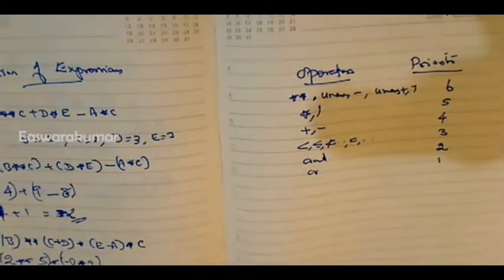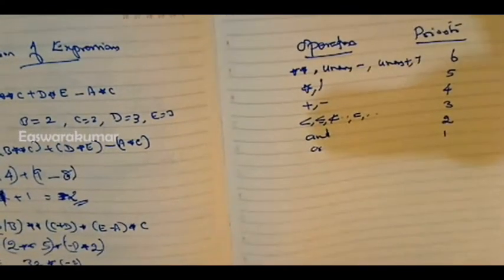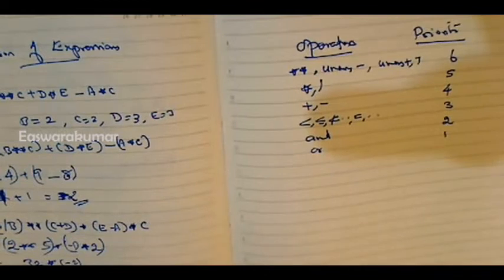Now, if you assign the priority and you have an expression that contains two operators of the same priority, we assume that we are not giving the parenthesis at all. Without parenthesis, we are giving the expression. But whether we use the parenthesis or not, we have to represent it uniquely.